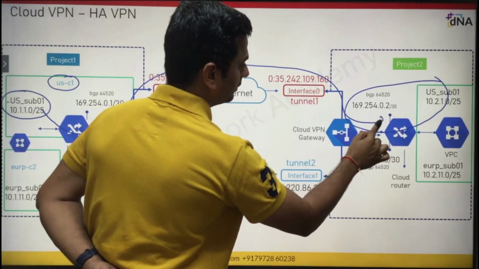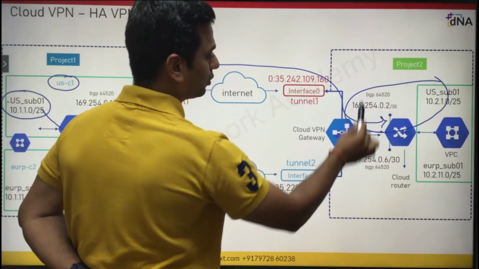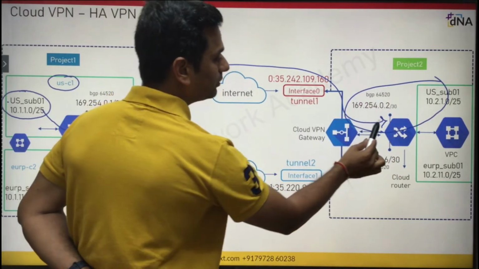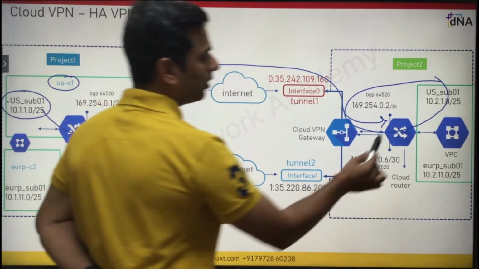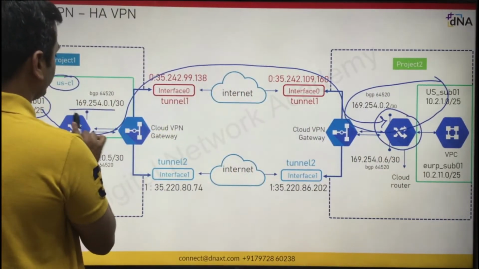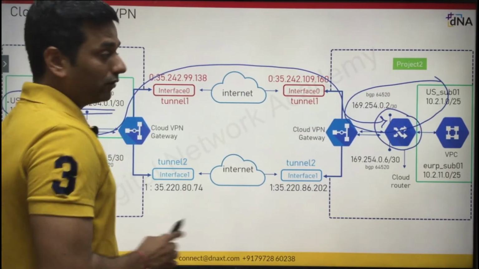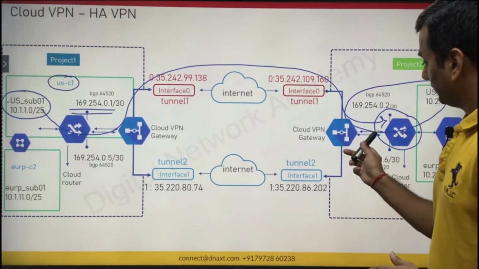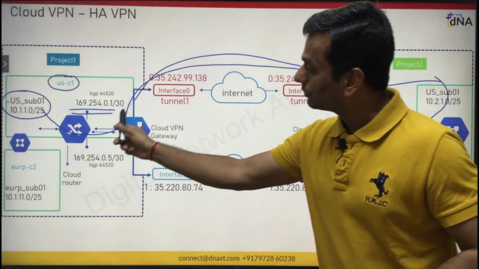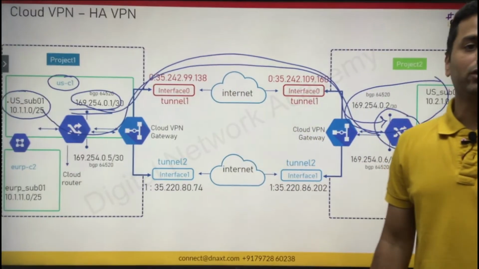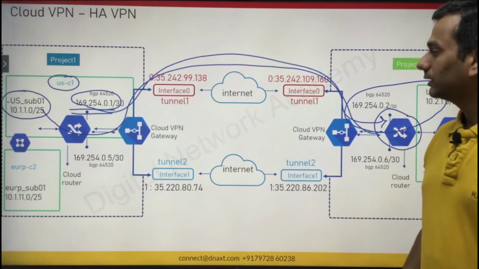Clear? Once this project 2 cloud router receives the BGP update, for this cloud router your next hop is 169.254.0.1. For project 2 your next hop is the BGP peer 169.254.0.1. My bad, guys, sorry.